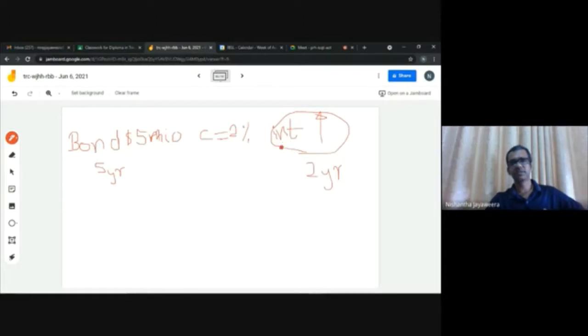For make it simple, assume that interest rate is going to go above 2%. What you can do? You can enter into interest rates swap for a 2-year period equal to this 5-year, a pay fixed.